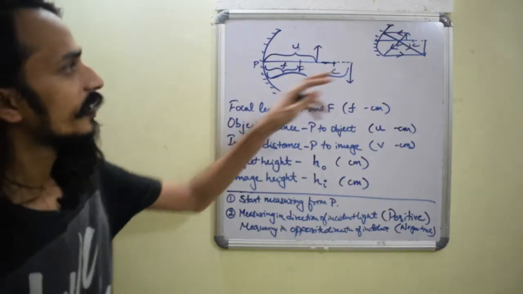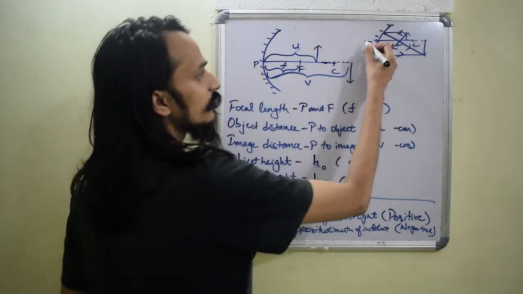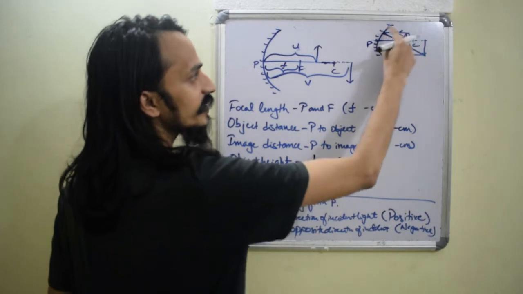So here, since light is coming like this, but I am measuring from here, I will say that I am against this direction.